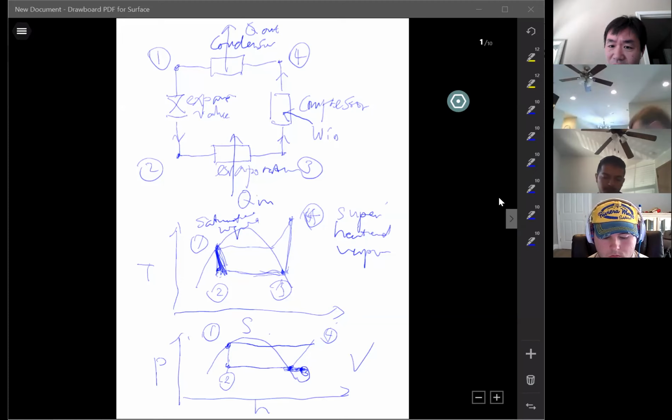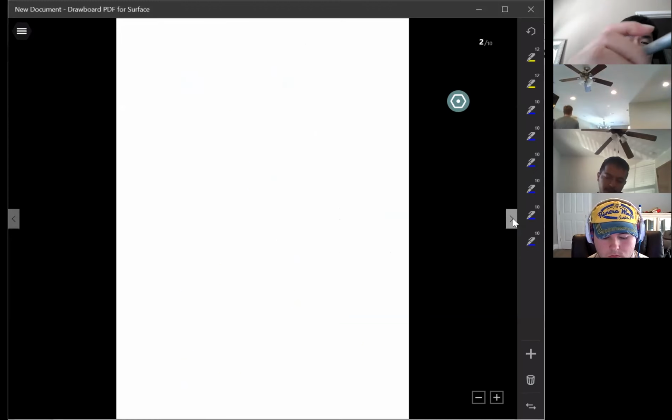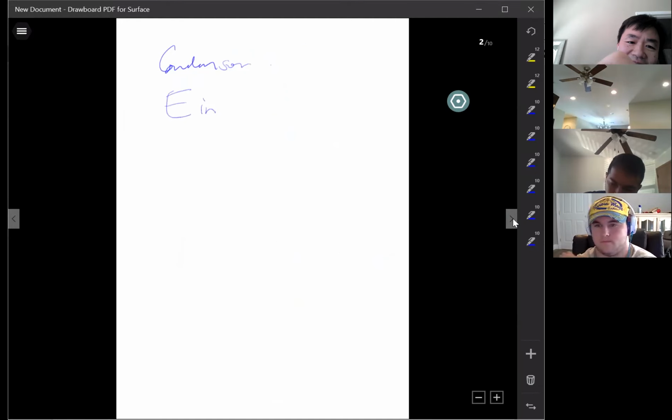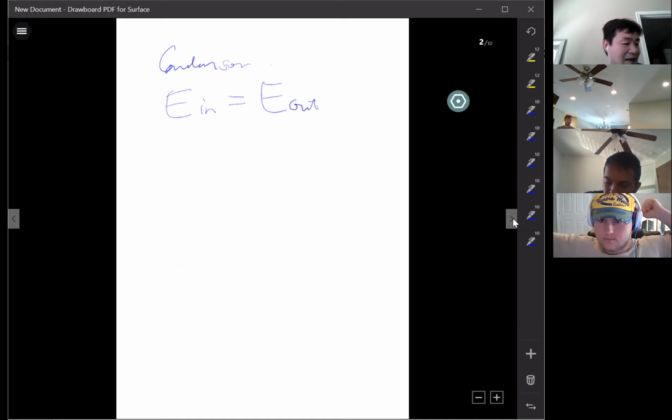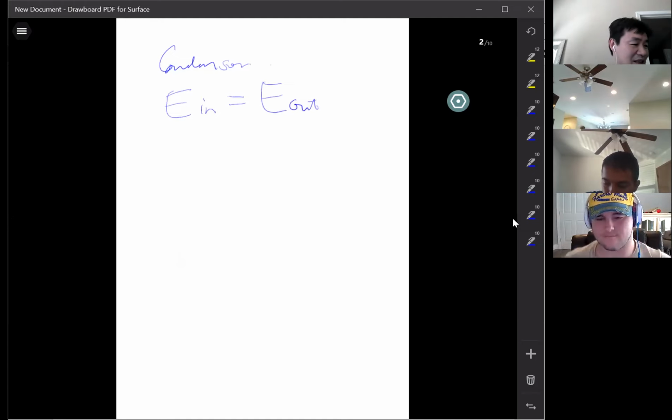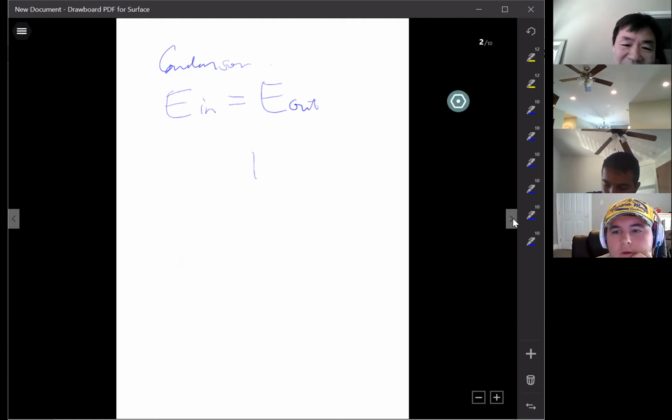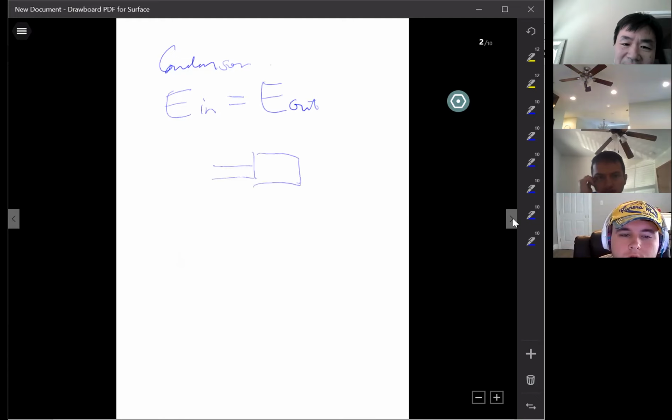Okay, so for the condenser, the energy in equals the energy out. Is that right? Okay, what is the energy in? There's a refrigerant going into it and leaving it.